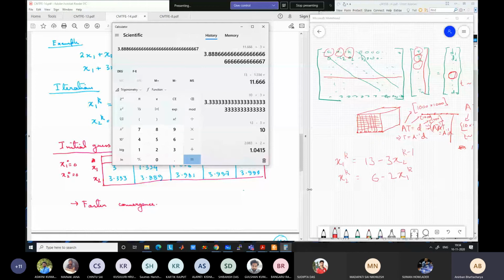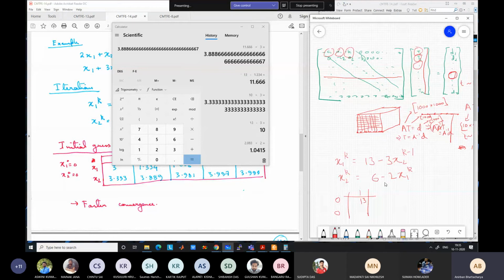After one iteration, what will be the value? Starting value is 0 0. So after one iteration, 13 minus 3 into 0, so x1 is 13. Because x1 is 13, x2 is 6 minus 2 into 13, which is 6 minus 26, so minus 20.